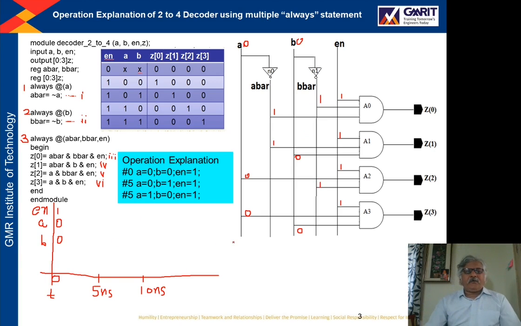So with this, the values of outputs will be: this A naught gate, an AND gate, has all three inputs 1, so Z naught is 1.